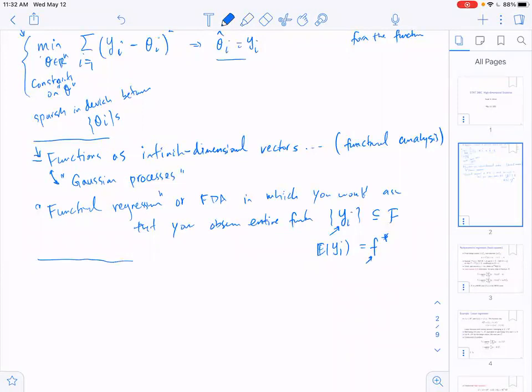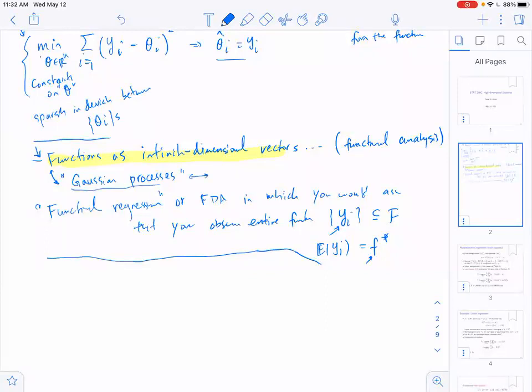Maybe I'll talk about this a little later. But this idea of viewing functions as infinite dimensional vectors is going to come up in either case. Does anyone have any other comments about non-parametric regression? And Gaussian processes also come up.